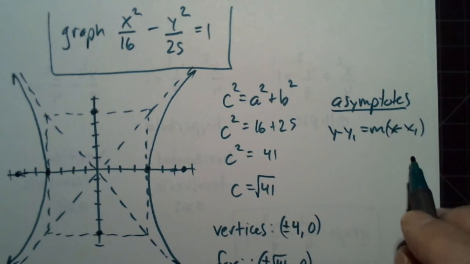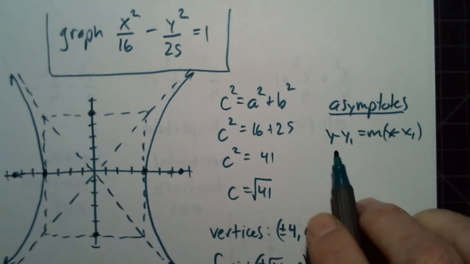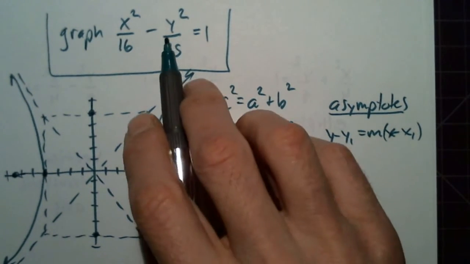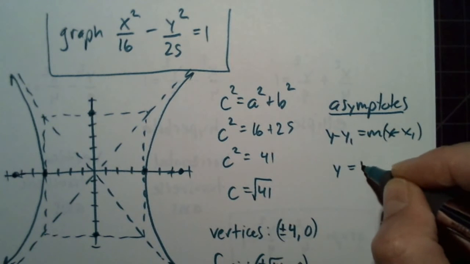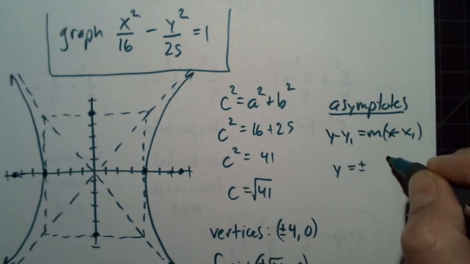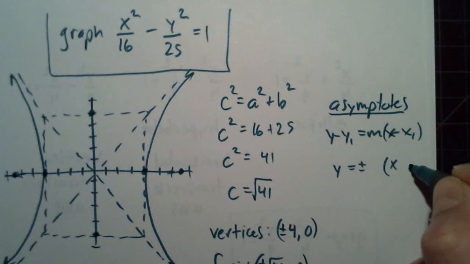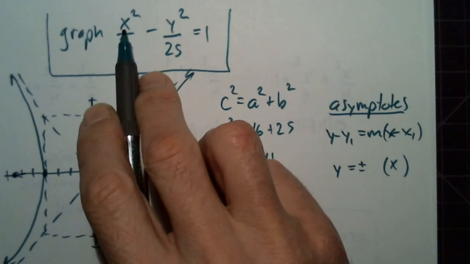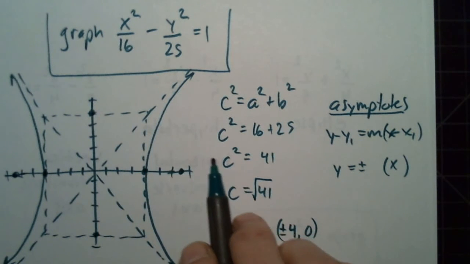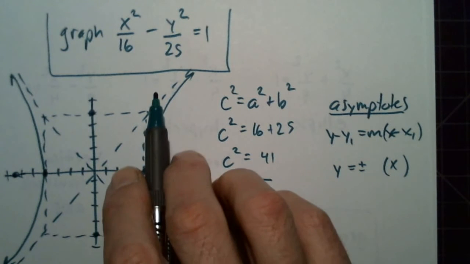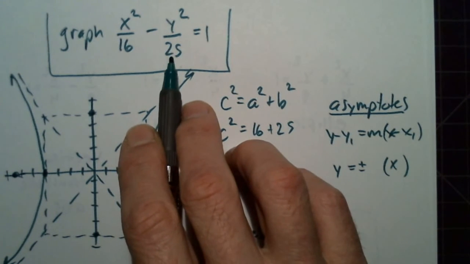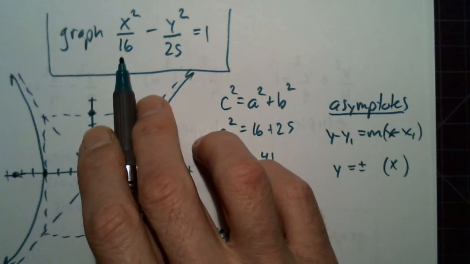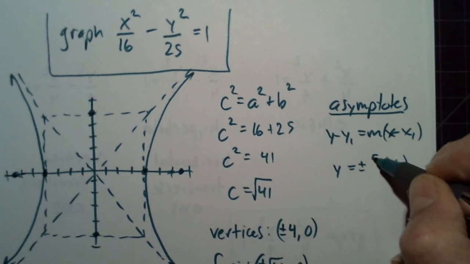All we have to do is fill in the point slope formula with whatever we have in the y for the numerator, y minus 0. So we'll just put y, positive or negative slope, and x minus 0, because we get that from the numerator. The slope will be rise, which is 5, over run, which is 4, 5 over 4.